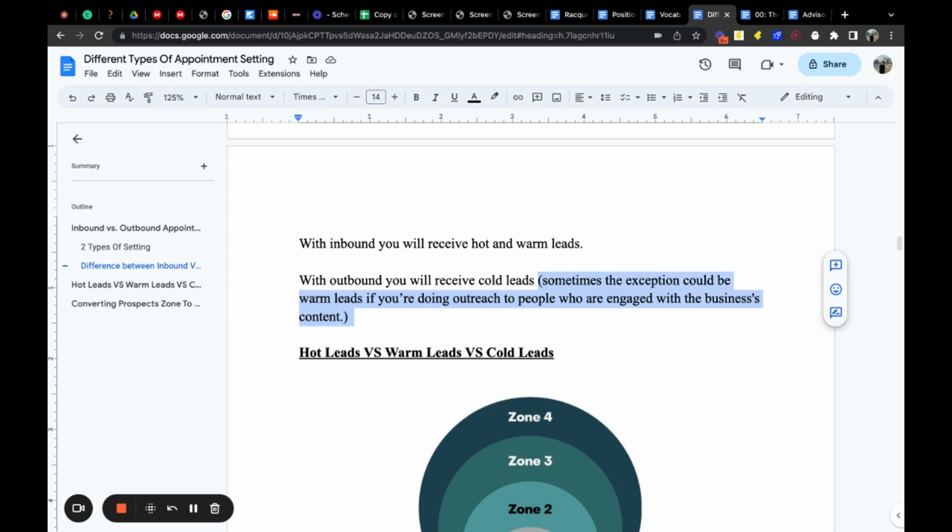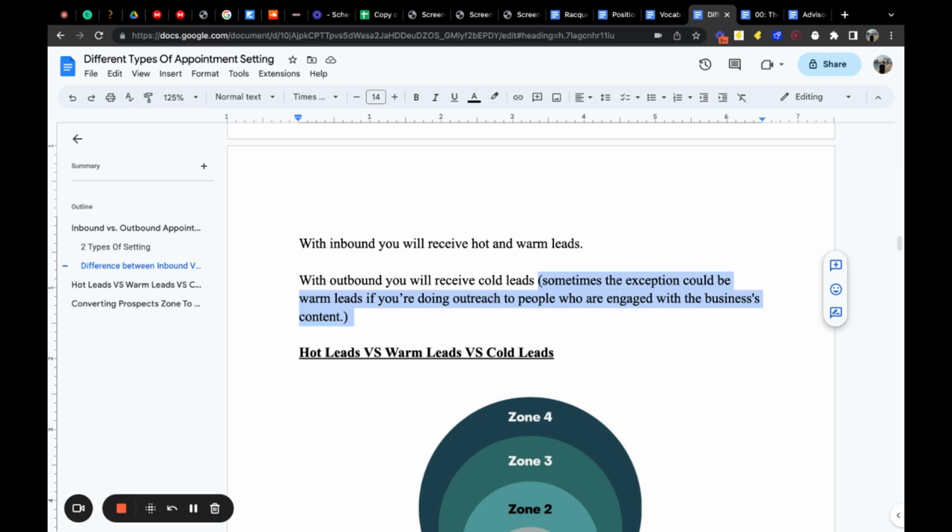Under the caption for the post on the 2 million follower page, there's going to be a call to action: comment skill if you want to, or comment fitness if you want to lose 10 kilos by the end of next month. And then there's going to be a ton of people commenting because the audience is so big. That's still considered outbound because you're not messaging people who are coming to the fitness coach's profile.